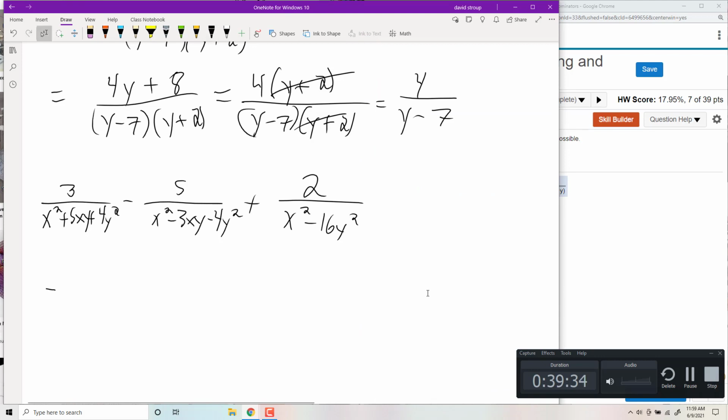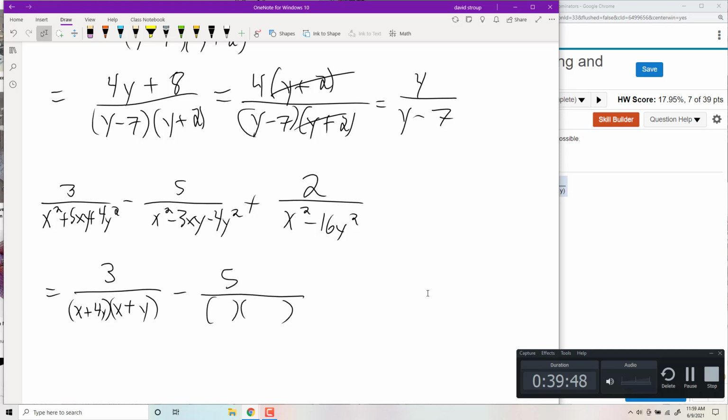Factor the denominators. So this one, x plus 4y, x plus y. And the second guy, looking at x minus 4y, x plus y, or x plus y, x minus 4y. And the third one is difference of squares, x minus 4y, x plus 4y.